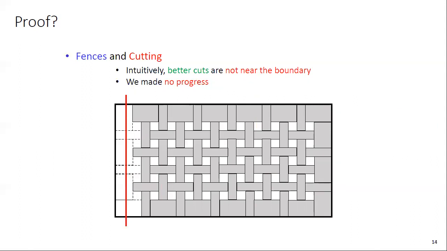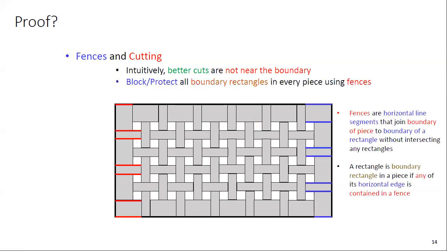So formally, to say that, we will protect the boundary rectangles, the rectangles that have a side on the boundary. We will protect them by these fences, which are just horizontal line segments that intersect no rectangles and protect the rectangles that are on the sides.